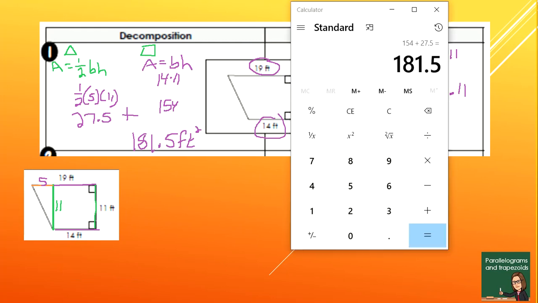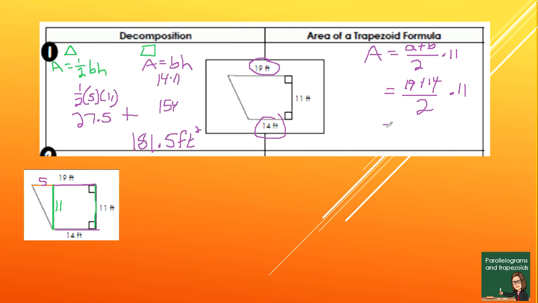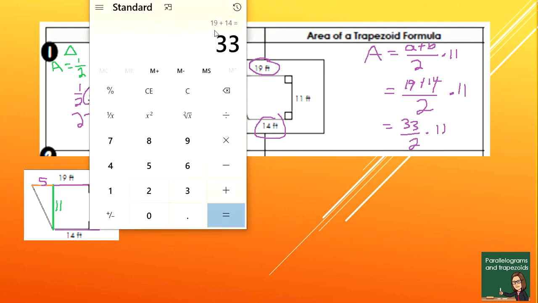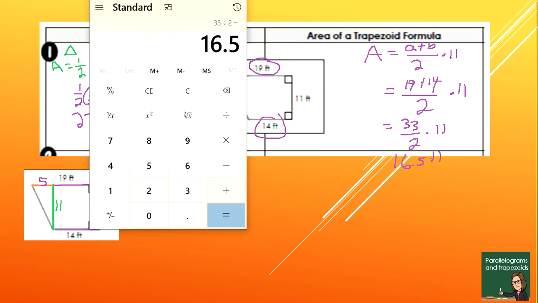Let me go to my handy-dandy calculator. Let's do the order of operations. I'm going to go 19 plus 14 first. I get 33. And then we have divided by 2 times 11. So let's divide that by 2. We get 16.5. Let's see if it turns out that I did it right the first time. And then times 11, and I get 181.5.